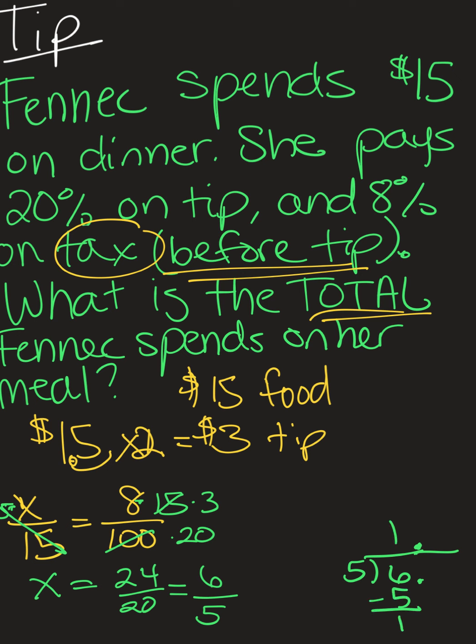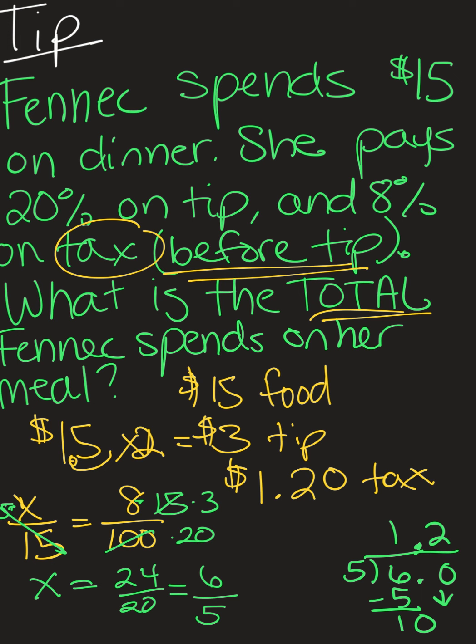But I still have some left. So I'm going to bring that down, and 5 goes into 10 twice. If you recall from the previous practice problem, I pointed out that we have to use 2 digits when we're dealing with our money because it's decimals that have 2 digits for change, okay?